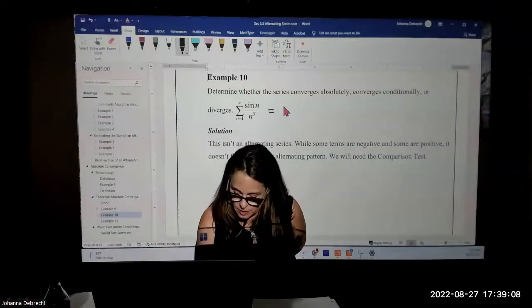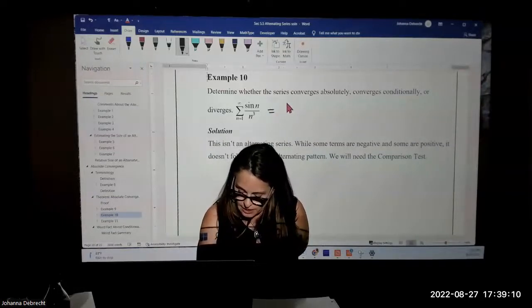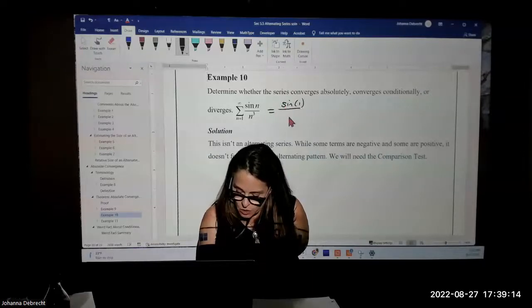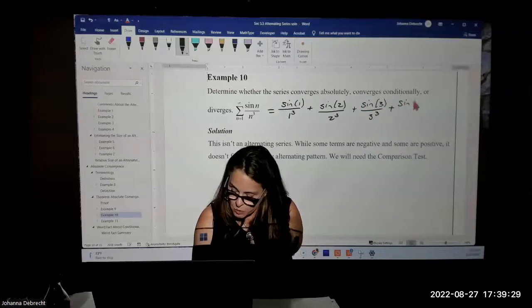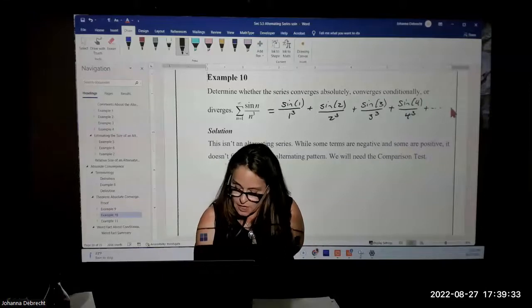So let's write out a couple of these so you can see what we get. So this is the sine of 1 over 1 cubed plus the sine of 2 over 2 cubed plus the sine of 3 over 3 cubed. Let's do one more, plus the sine of 4 over 4 cubed plus dot, dot, dot.